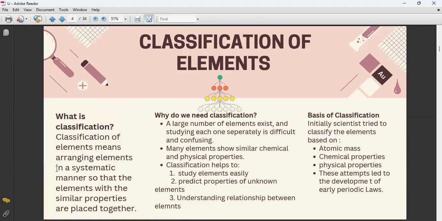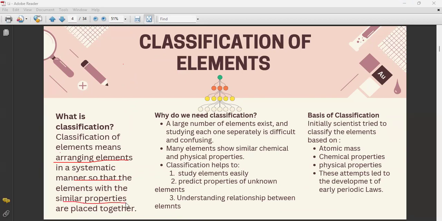Classification of the elements. What does the word classification mean? When I say I am classifying the elements into groups, it means arranging the elements in a systematic manner so that the elements with similar properties are placed together.